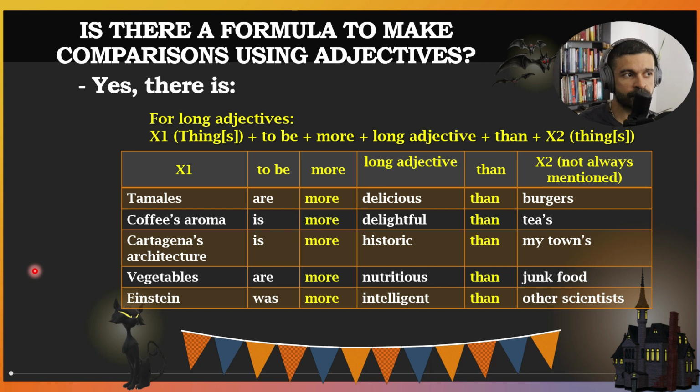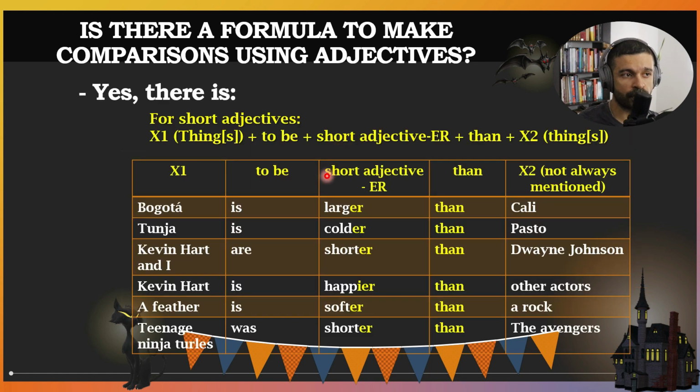What happens with long adjectives? Here is the formula. We are still comparing one thing or things with another thing or things. We are using the verb to be. In here we have a difference. We are using the word more. When we use short adjectives, we don't use more. That is a big mistake a lot of people make.